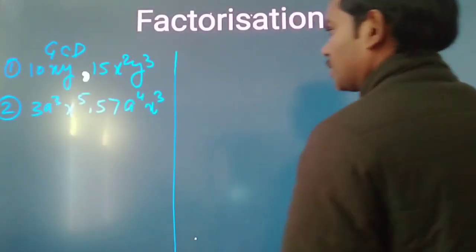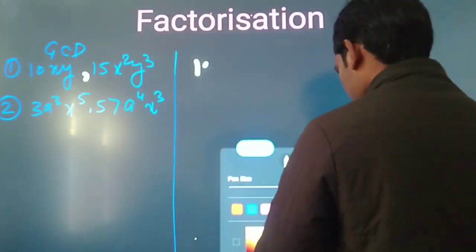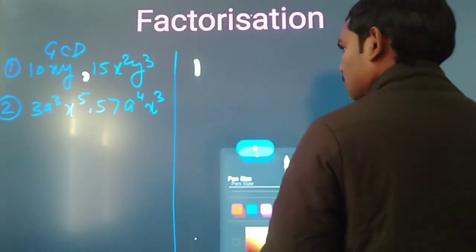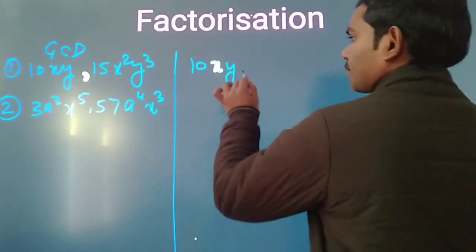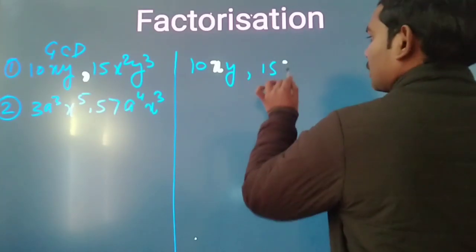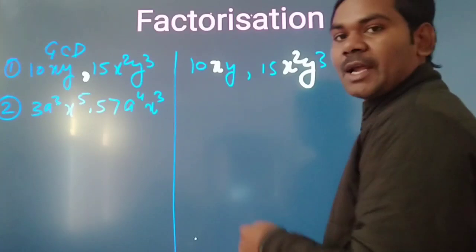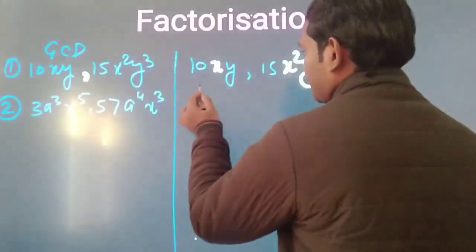The first is given here: 10xy comma 15x square y cube. Now write it in the form of multiplication.